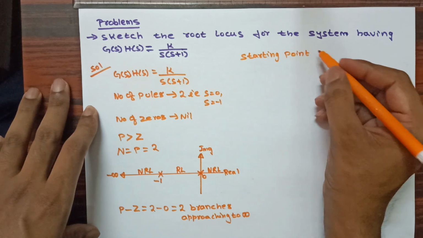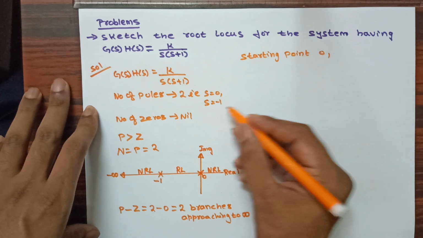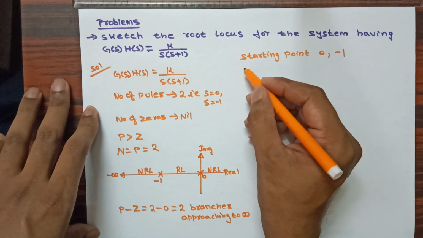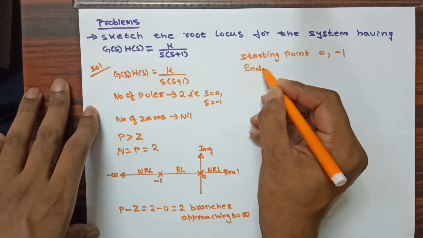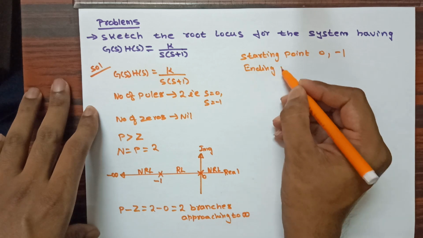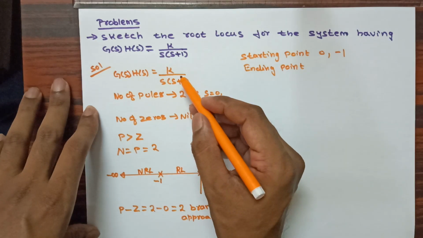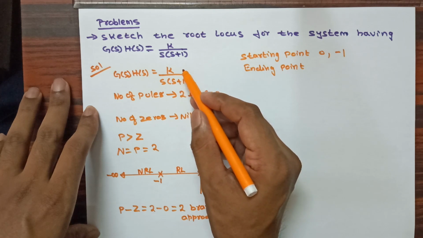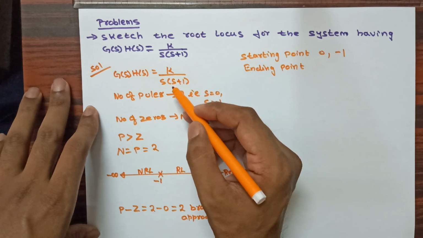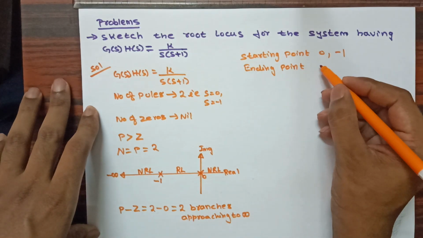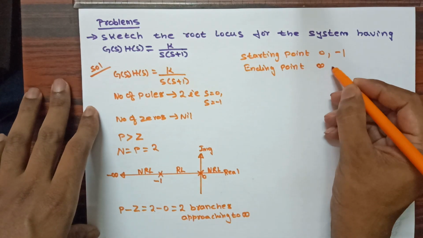Starting points are 0 and minus 1, and for the ending points, we can see we are not having any zero as an end point, therefore these 2 branches are approaching infinity, so the ending points we are going to show here as infinity.